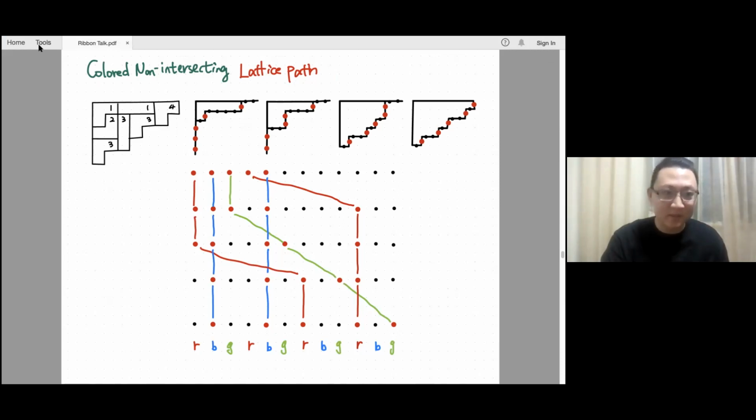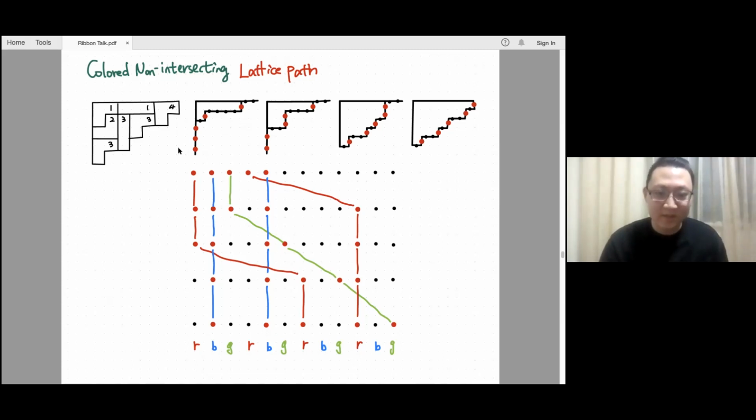In fact, we're going to see these as colored non-intersecting lattice paths. In this case, we colored them in 3 colors, red, blue, and green. So each row, each column is going to correspond to a color, right? And when you connect these red dots, you're never going to leave this color.